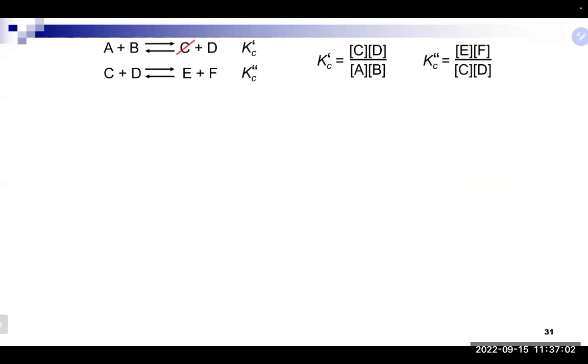So what we want to talk about next is an important application of equilibrium constants and the idea of manipulating equations and how that affects the equilibrium constant value. As you probably know from Hess's law, not all reactions take place in a one-step process.